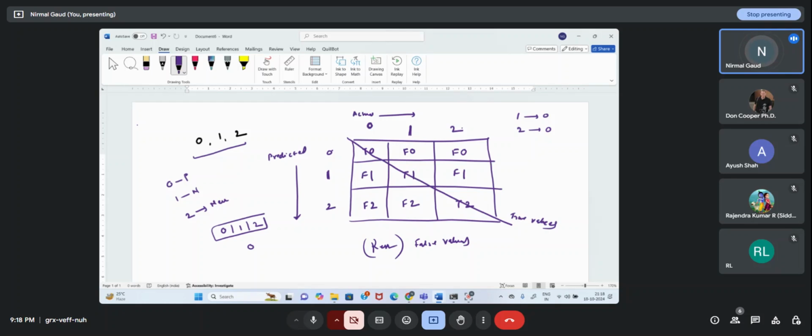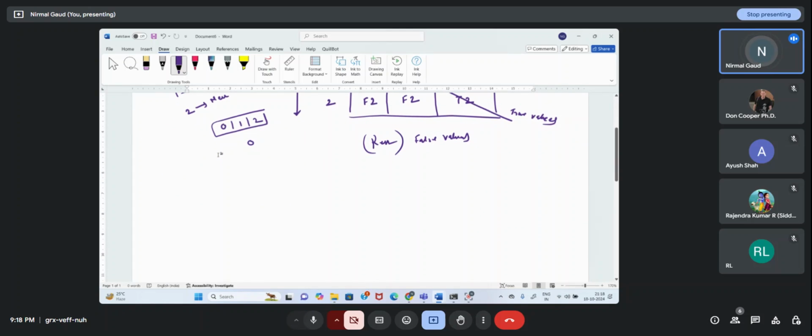So the number of entries for those are available here in these cells. You can have a confusion matrix like this: 100, 10, 20, 200.